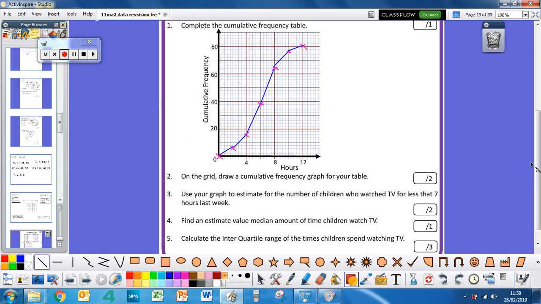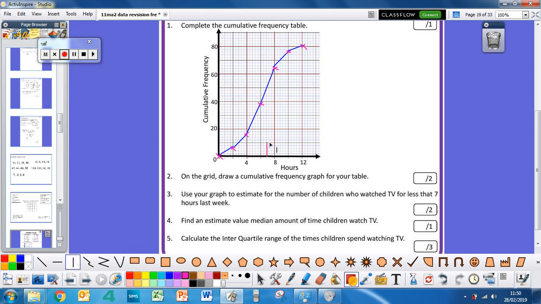So the first thing we have to work out is an estimate for a number of children who watched for less than 7 hours. Again, you need a really good ruler here. If you look at 7 hours, this is 2, that's 2, 4, 6, 7 is here.